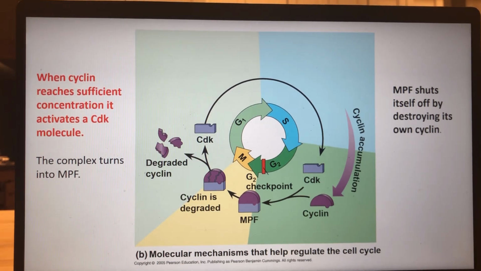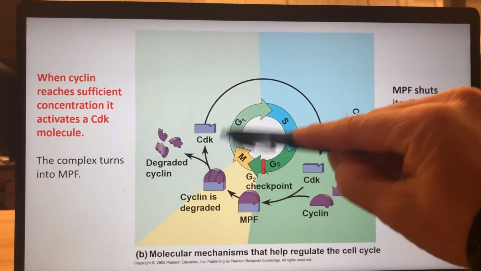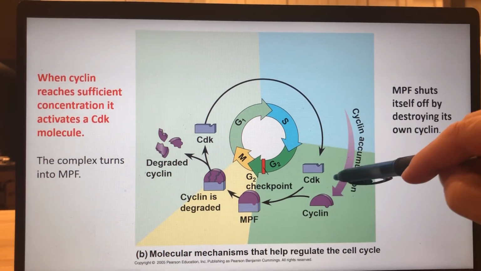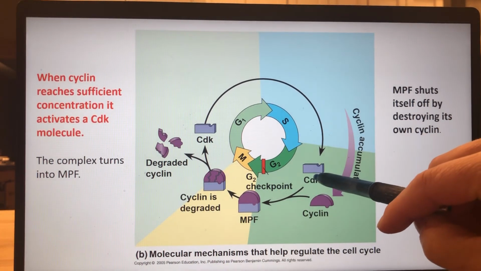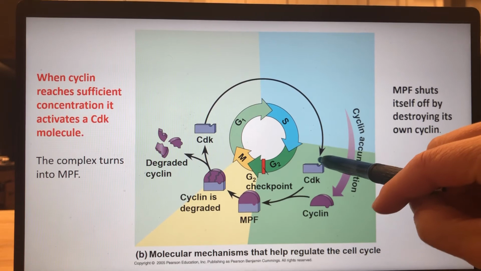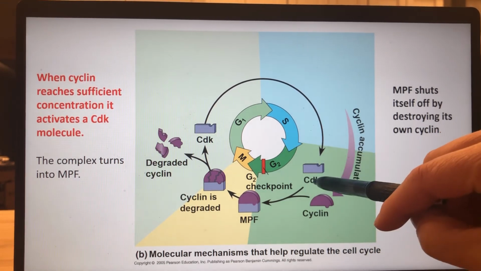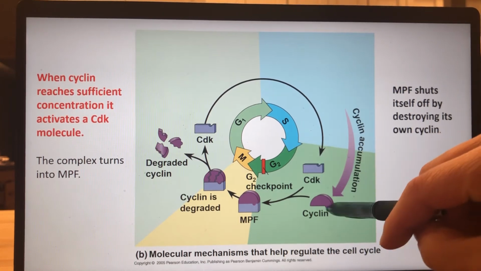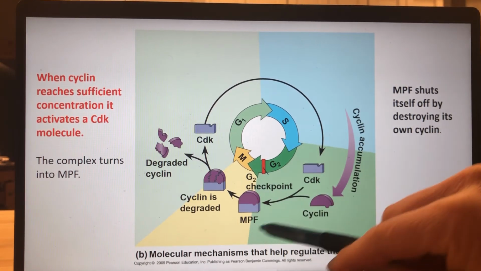Now, all these CDK molecules will shut themselves off. So this is MPF. It's an example of a CDK, okay? It basically connects to the cyclin. It becomes activated.